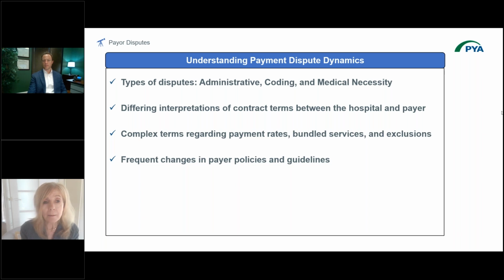Then we're getting into some bundling and unbundling issues. For those of you that still have percent of charge payer contracts, or maybe percent of charge for outliers, we're seeing more and more bundling and unbundling challenges. And these are, in a sense, important to fight, because often what we're seeing is that the payers are using guidelines and, quote, authoritative literature that has no relevance, no authority to let them bundle.